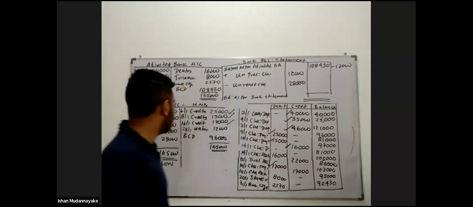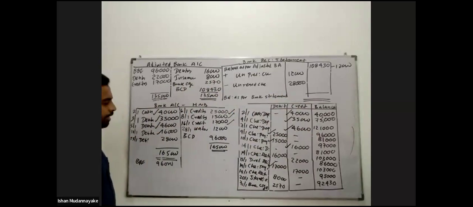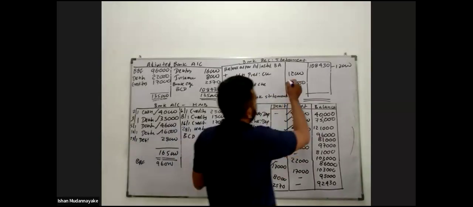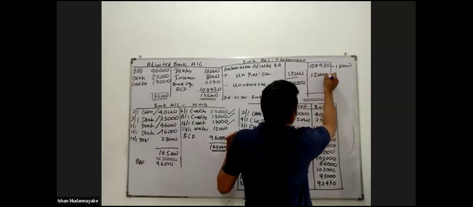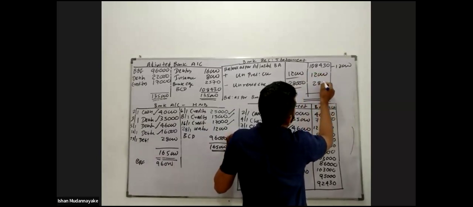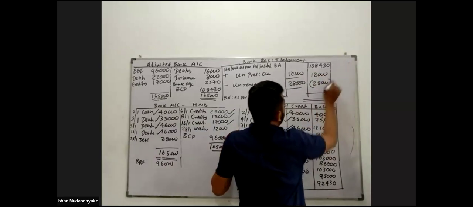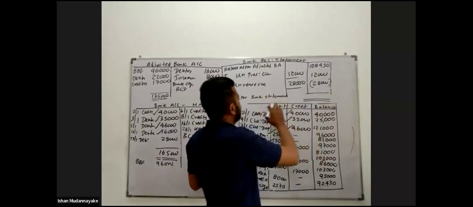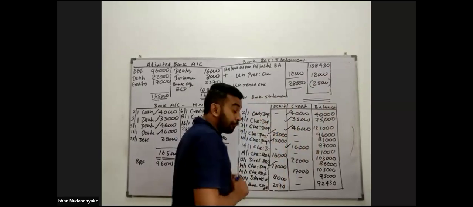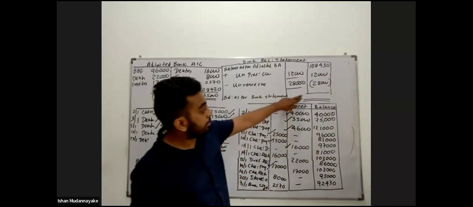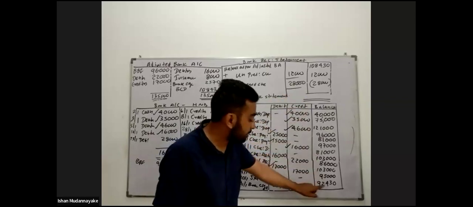Okay, right. My question is finished. All the unrealized checks and unpresented checks are recorded in the bank reconciliation statement. Now 12,000 plus, 20,000 minus. How much is the balance? Balance as per bank statement. If you properly prepare the bank reconciliation statement, your reconciliation statement balance should be equal to the bank statement balance.